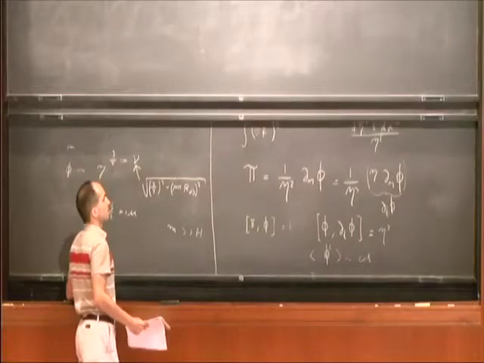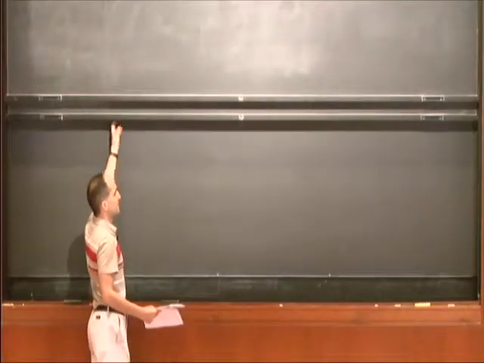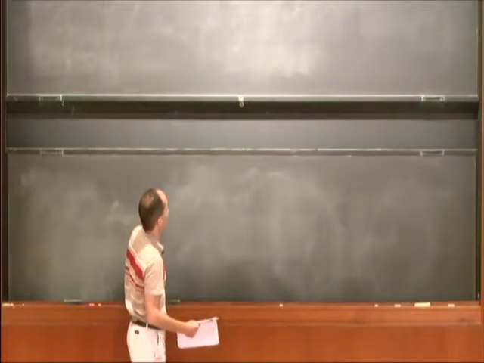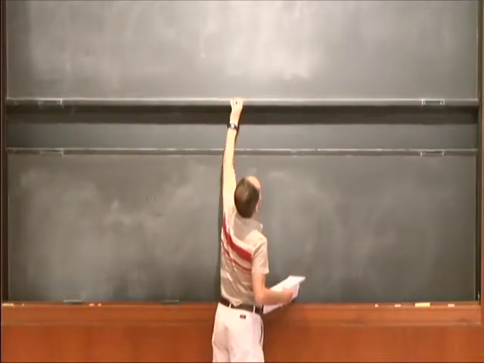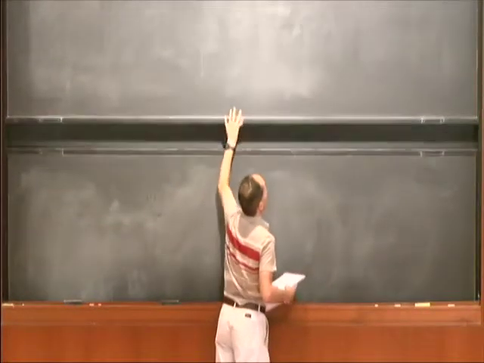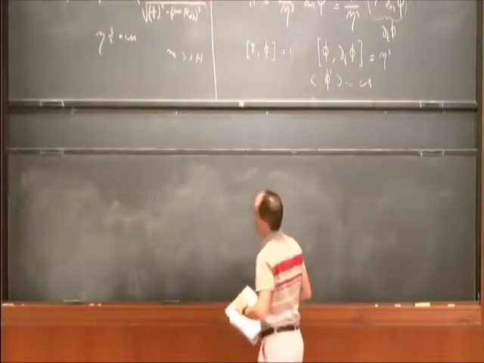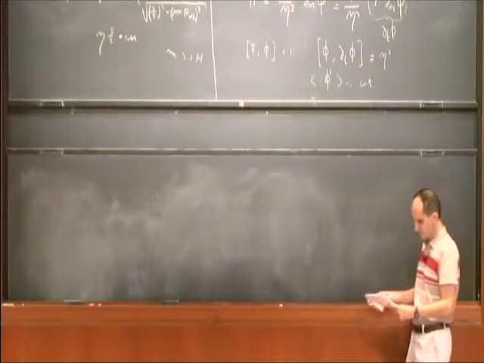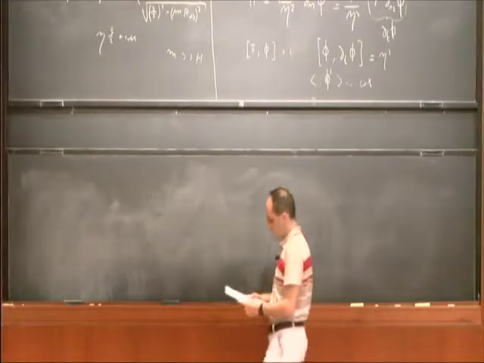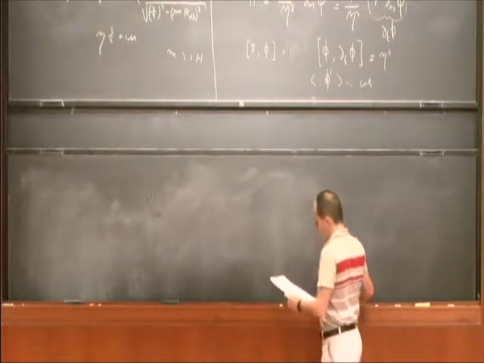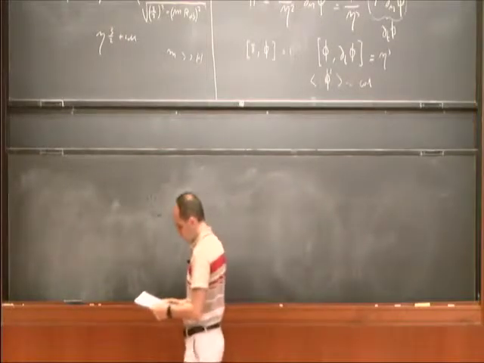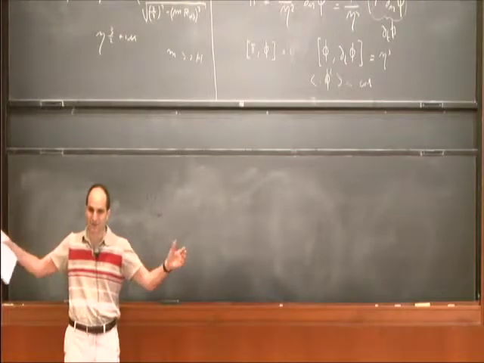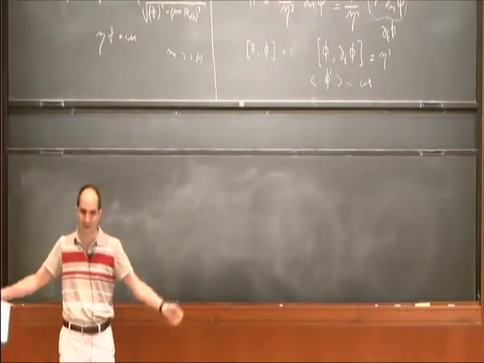Now, there is one more thing I wanted to say about last time that I didn't have time to say. We expected the field to become classical, but I didn't demonstrate it. We expect it to become classical because we are looking at bigger and bigger volumes, and we are averaging over more and more of these particles.